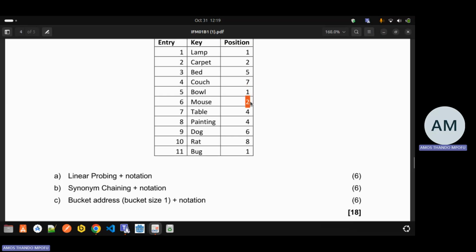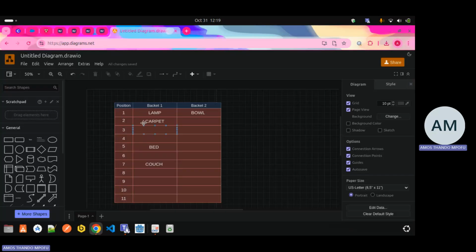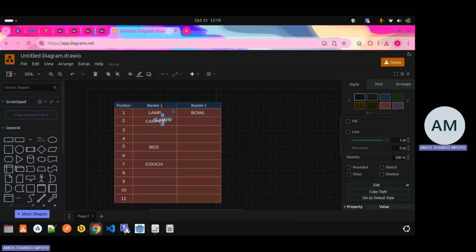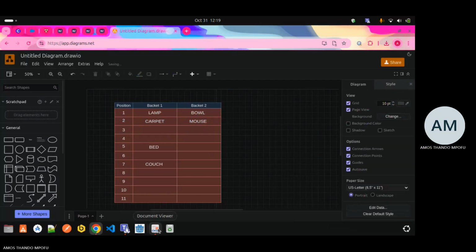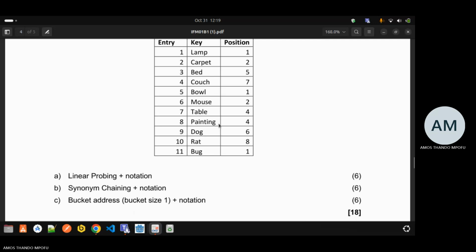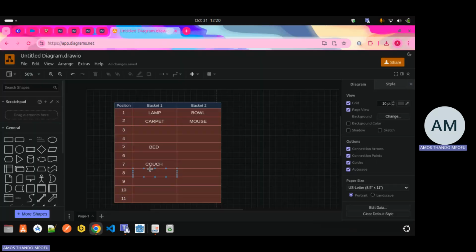And then we have mouse, which is at index 2. Index 2 is already occupied in the first bucket. We need to go to the second bucket. So therefore, I'm going to put mouse here in the second bucket. And then table, it goes to the fourth position.